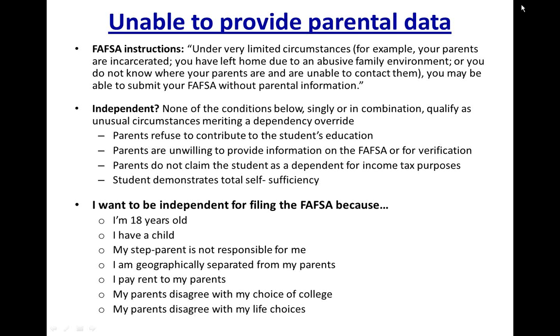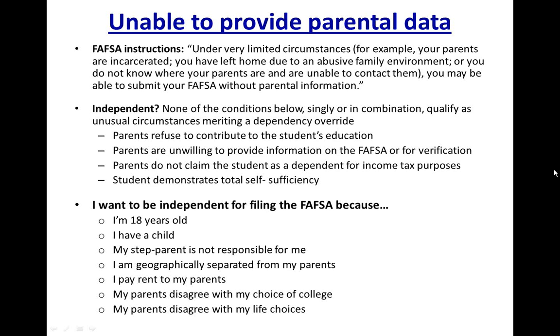Some of the most common reasons why we find students ask us if they can be independent for filing the FAFSA but really don't meet the federal guidelines are, I'm 18 years old. They think just because they're of age that they're considered independent, but they're not. Remember, the philosophy is that it is a partnership, including the parental information.